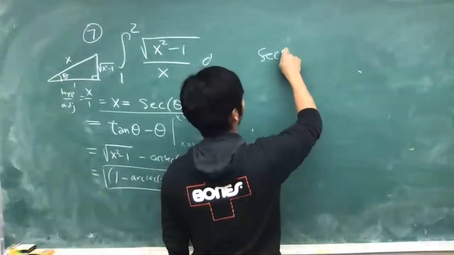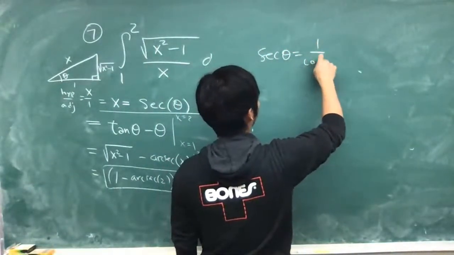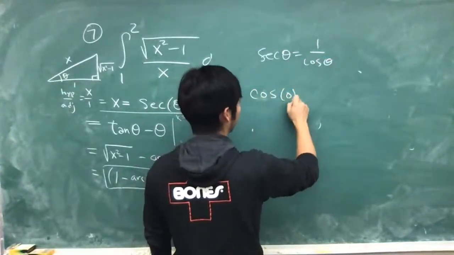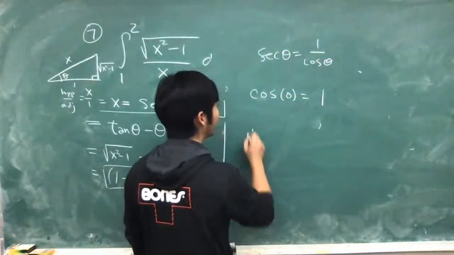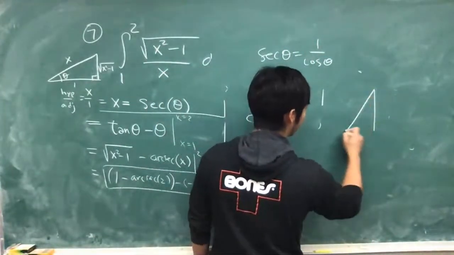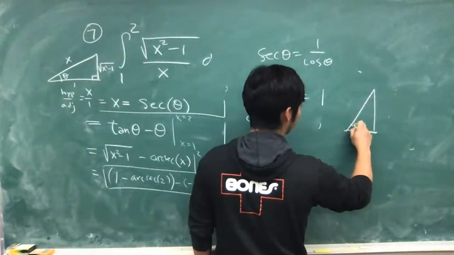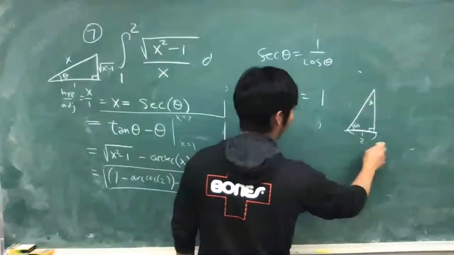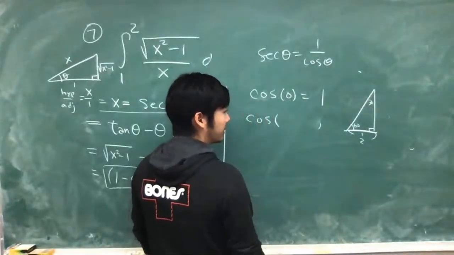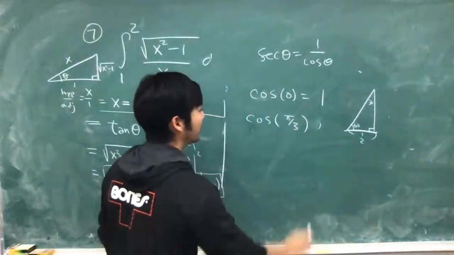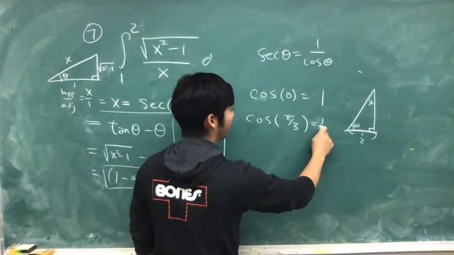Secant is 1 over cosine. Cosine of, let's say, 0 equals 1. And cosine of, well, it's this triangle. That's a 30, 60, 90, because you want the short side to be 1/2. So this will be 60, which is pi over 3 radians, is equal to 1/2.